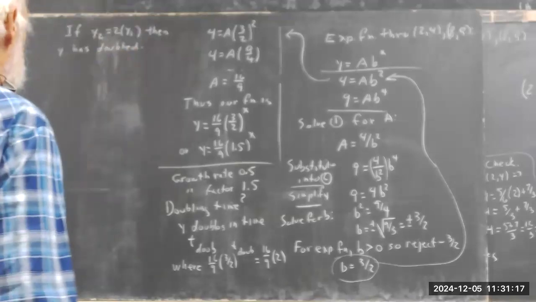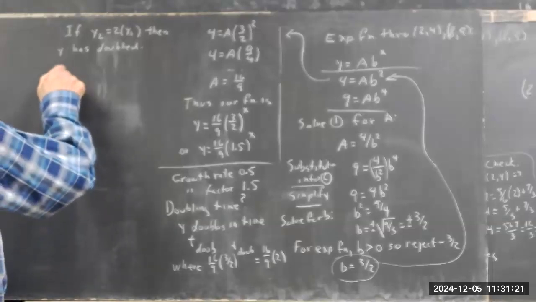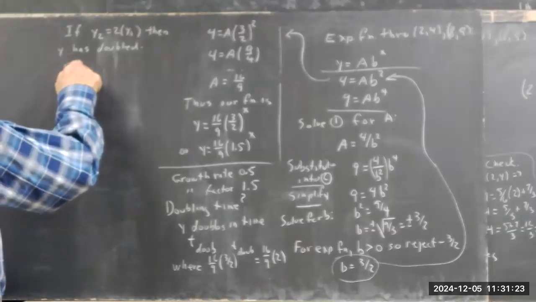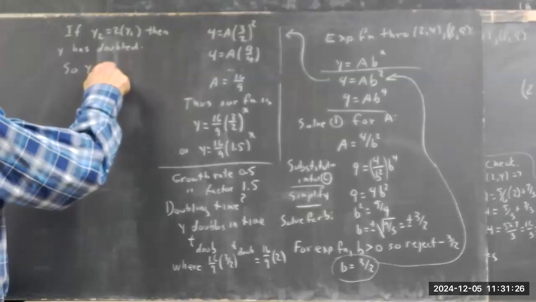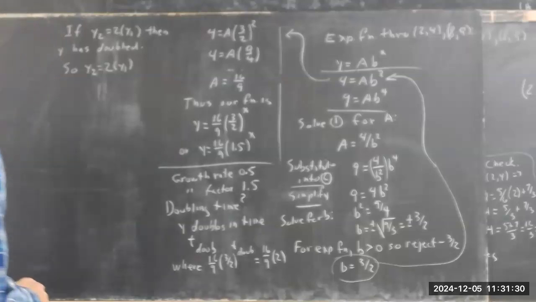If Y2 equals 2 times Y1, then Y has doubled. So Y2 equals 2 times Y1.